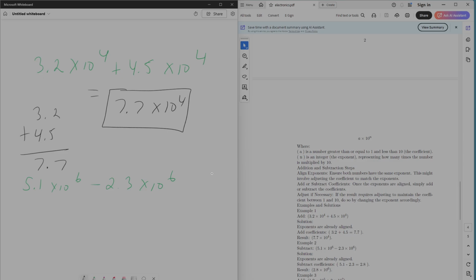All we need to do is subtract the coefficients. 5.1 minus 2.3. Borrow 1, the 1 becomes 11 and the 5 becomes 4. So 11 minus 3 is 8, 4 minus 2 is 2. The answer is 2.8 times 10 to the 6.